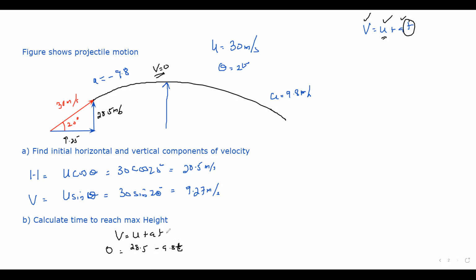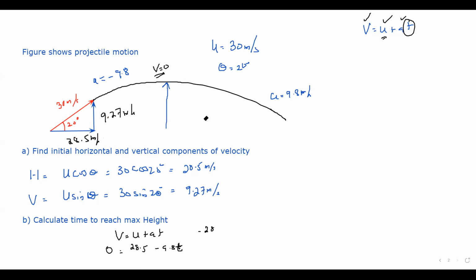So we'll solve for the time. Sorry, the vertical component, by mistake I wrote 28.5. It was 9.27. So 9.27 is the vertical component and the horizontal component is 28.5.